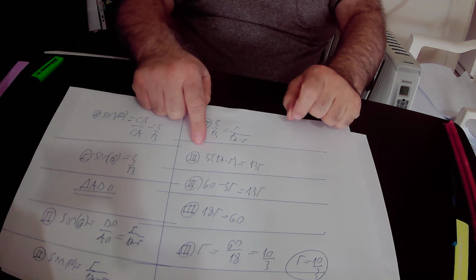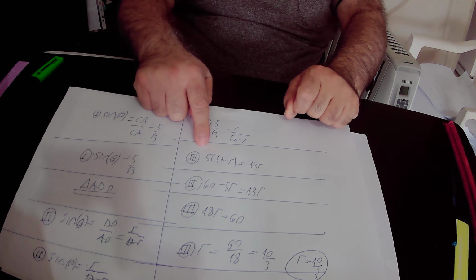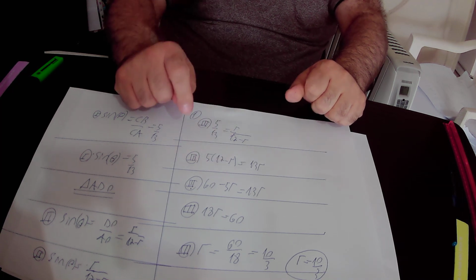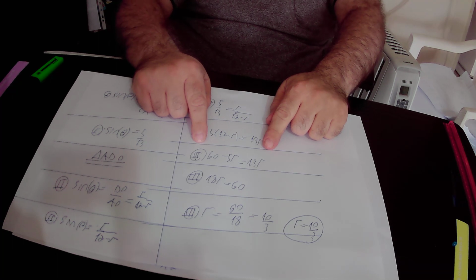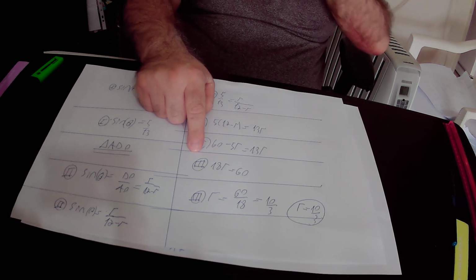We opened the brackets, and we got that 5 times 12 is 60, and 5 times minus R is minus 5R. We added 5R to both sides, and we got that 13R plus 5R is 18R. So 18R equals 60.